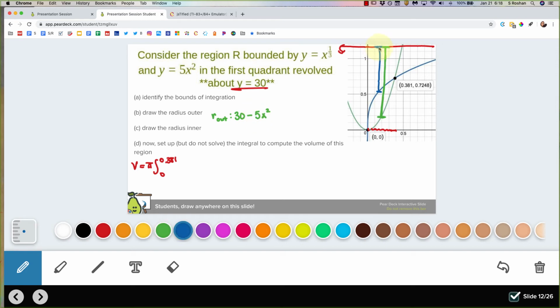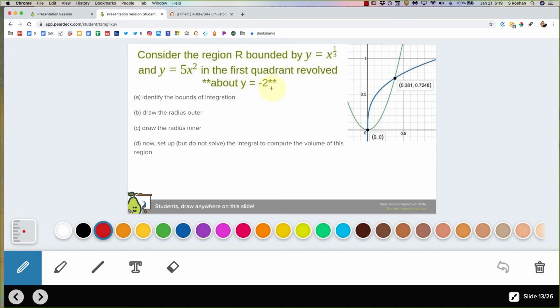Our radius inner, top minus the curve. So again, 30 minus that x to the 1/3. Now when we set it up, we're doing pi radius outer squared minus radius inner squared. Because again, that was the pi radius outer squared, pi r squared, minus another pi r squared, but we had factored out the pi. Okay?